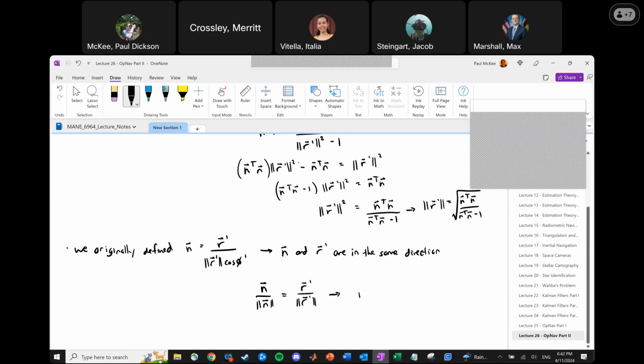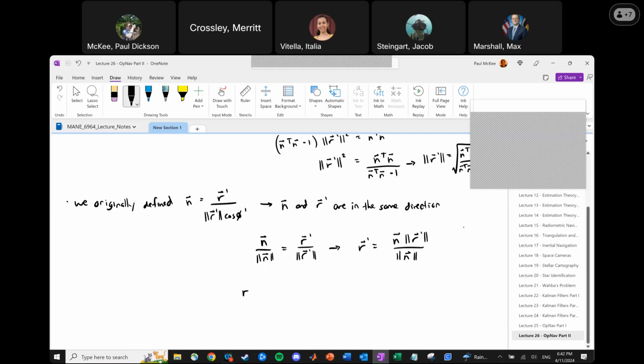Or we could say r prime is n multiplied by the norm of r prime divided by the norm of n. But we know that the norm of r prime is all this stuff. That's why we bothered doing that. So we get that r prime is equal to square root of n transpose n divided by n transpose n minus 1 times 1 over the square root of n transpose n.